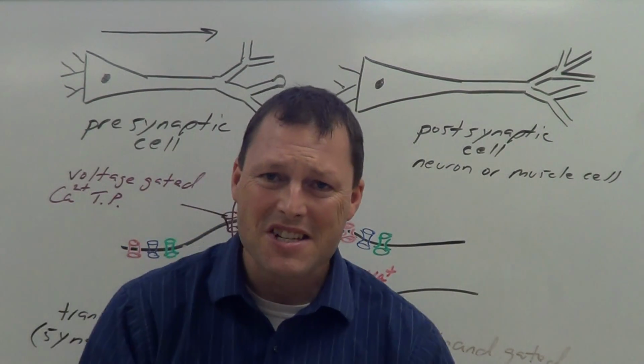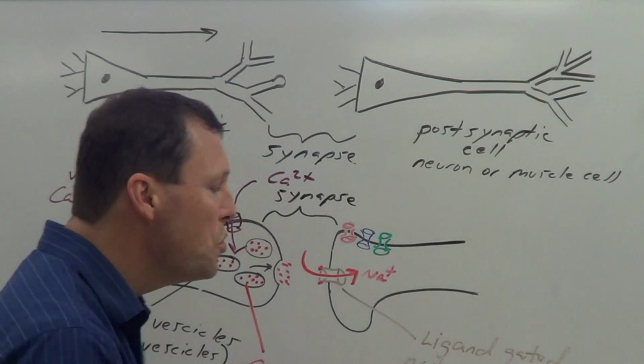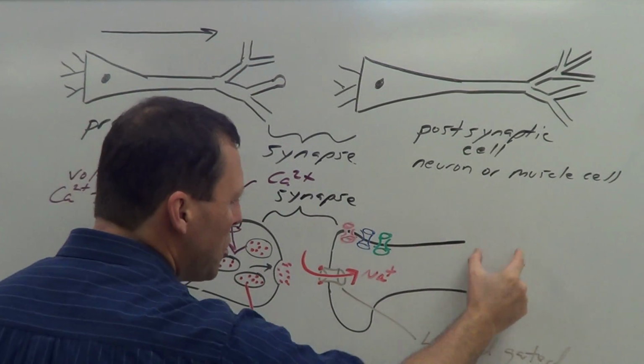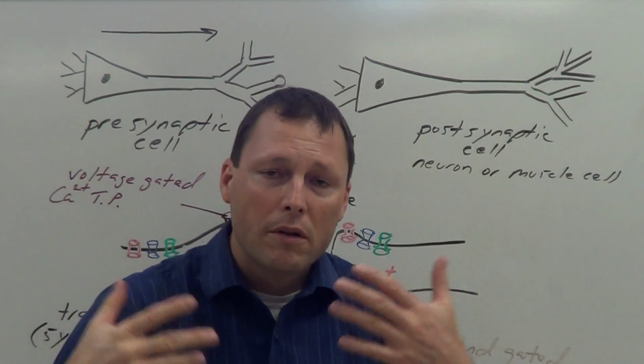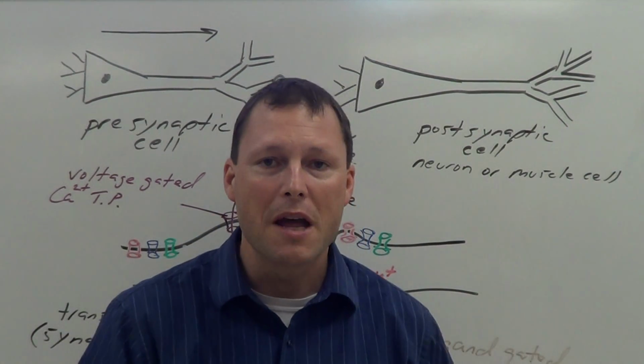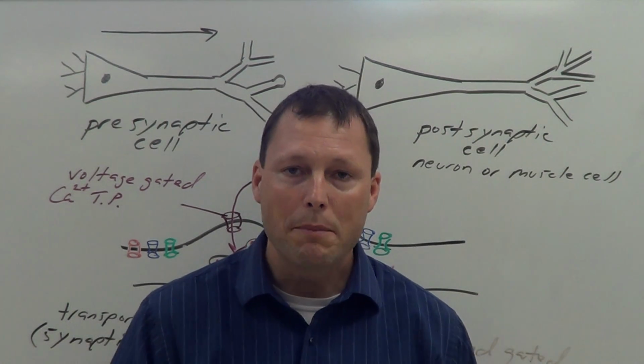That process I just described is referred to as synaptic transmission. As soon as the voltage changes here, that initiates another action potential, and the signal, the action potential or electrical signal, continues down the postsynaptic cell. And that's going to be it for synaptic transmission.